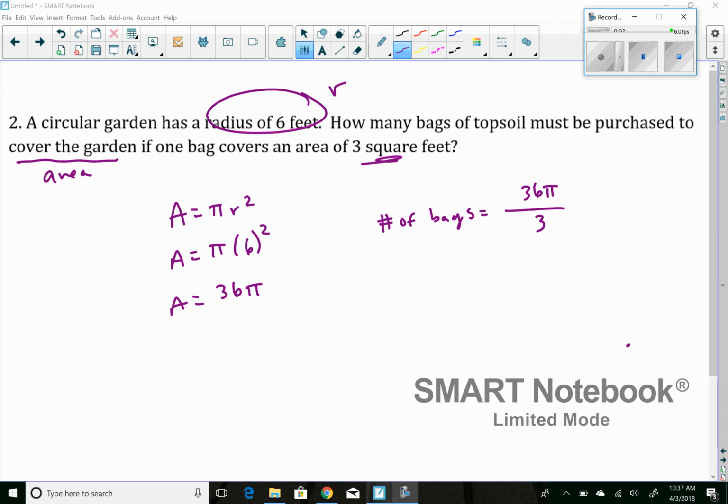Remember in your calculator, just use parentheses whenever you think you need it. This comes out to be approximately 37.699 bags. So 37 bags won't be quite enough because that wouldn't completely fill it. So I need 38 bags.